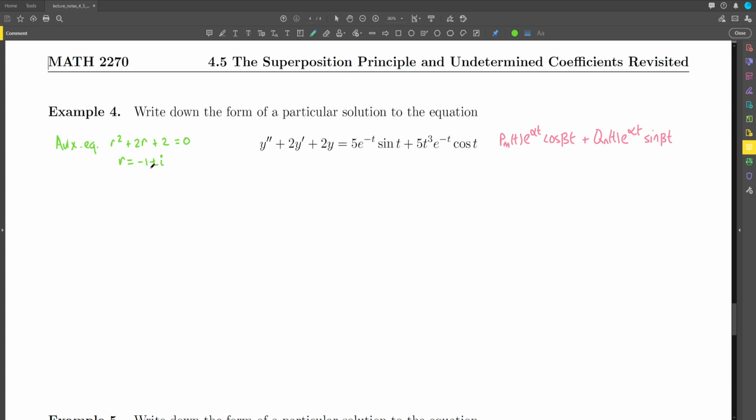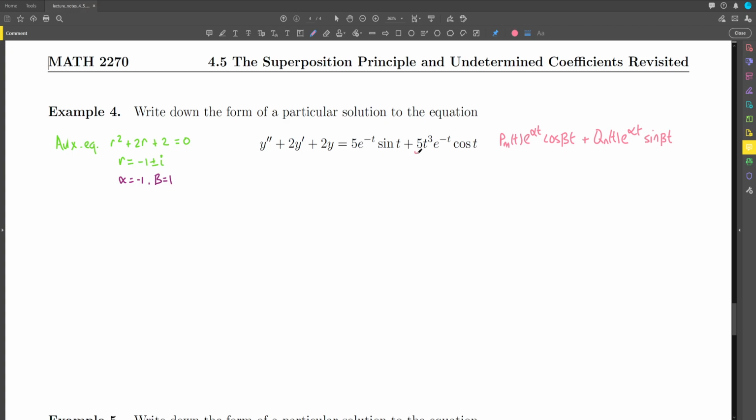So we need to be careful when we look at our alpha and beta. So alpha equals negative 1 and beta equals 1. And that determines whether or not our particular solution has an extra factor of t. So when we compare this, we see the following.